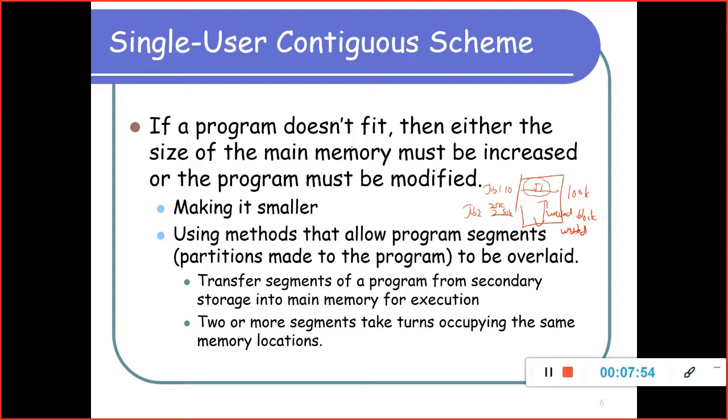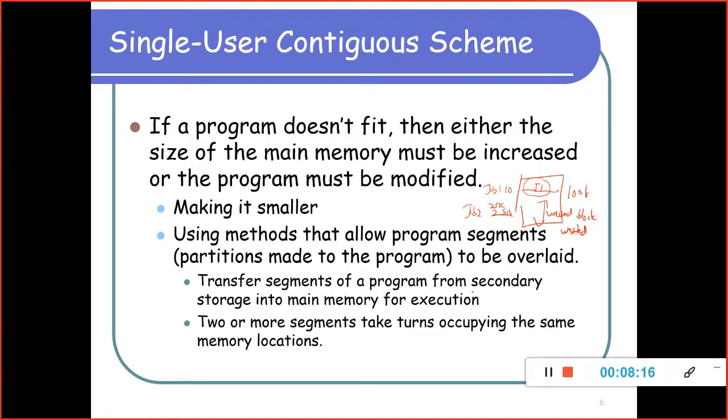So either the size of memory must be increased or the program must be modified, making it smaller, using methods that allow program segments to be overlaid. You do that by transferring segments of the program from secondary storage into main memory for execution. Secondary storage means your hard disk, CD, I mean, who uses CD?